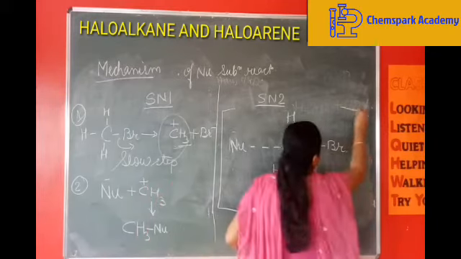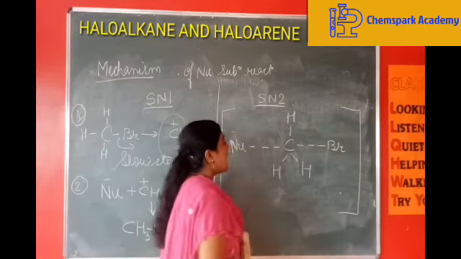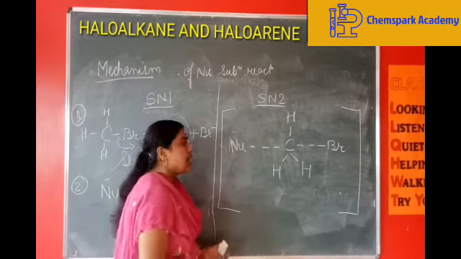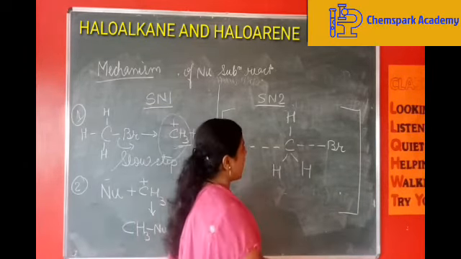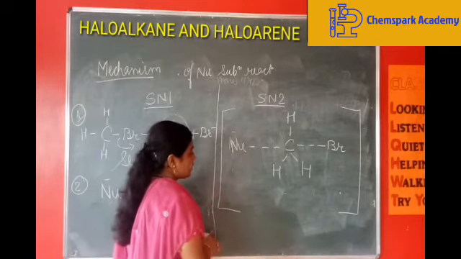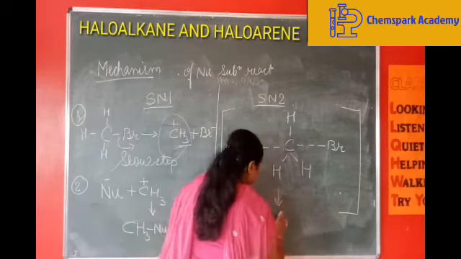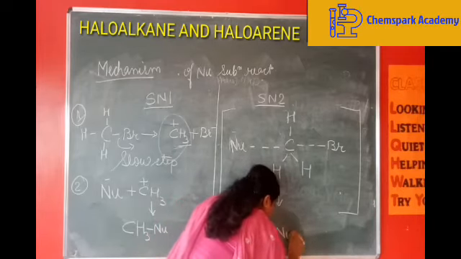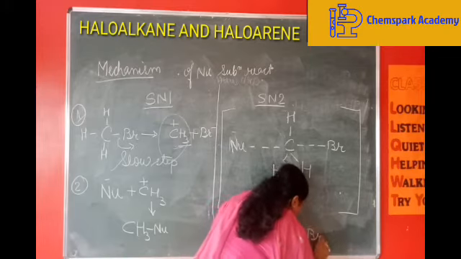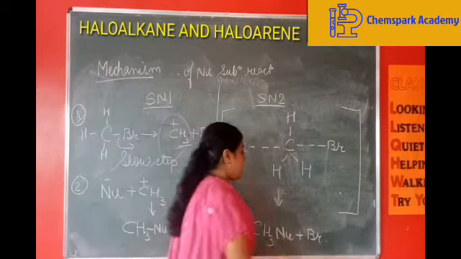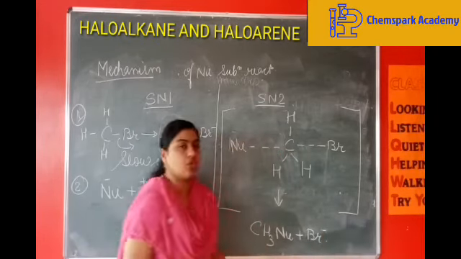So this is a transition state because here carbon is having a valency of 5. So this transition state is a very short span reaction. It will get over very quickly, and at the end of this transition state we will see that again the nucleophile has got attached on the carbon and Br has left along with its electrons.